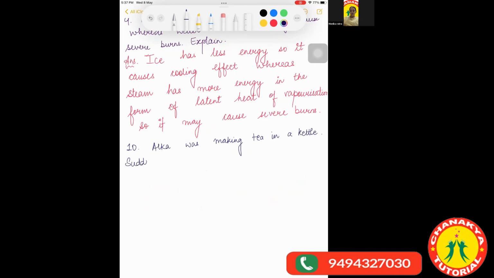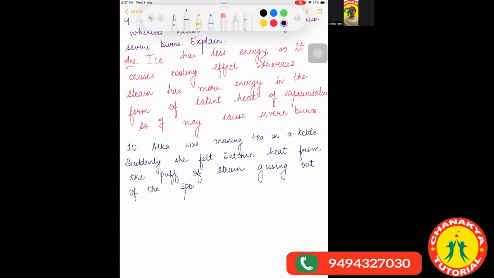Suddenly, she felt intense heat from the puff of steam gushing out of the spout of the kettle.